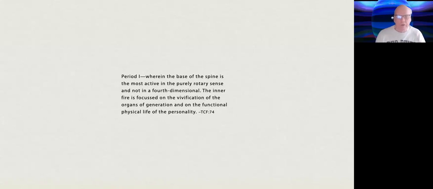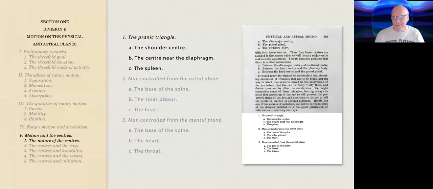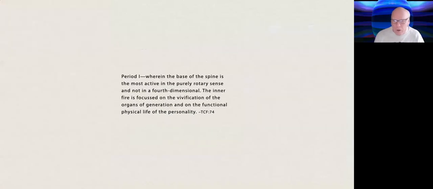That relates somewhat to this stage, except this stage continues as long as someone is in incarnation, whereas what he's describing here is a specific period in the unfoldment of a human's consciousness.